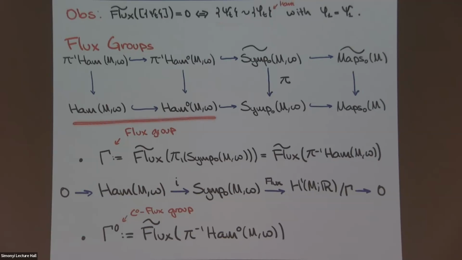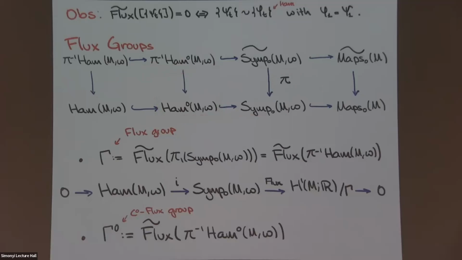Now we have this sequence of inclusions, where I still haven't defined this, but Ham_0 just denotes the C0 closure of Ham inside Symp_0. And of course, it includes inside Symp_0. And if pi is the canonical projection of the universal covering of Symp_0, now we can look at the inverse image of Ham_0 under pi.